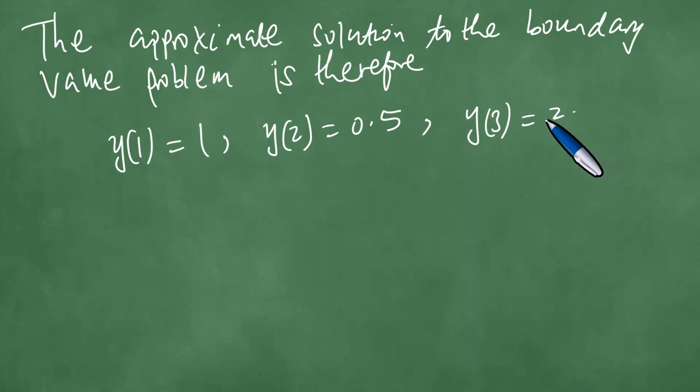The approximate solution to the boundary value problem is therefore Y1 equals 1, Y2 equals 0.5, and Y3 equals 2.